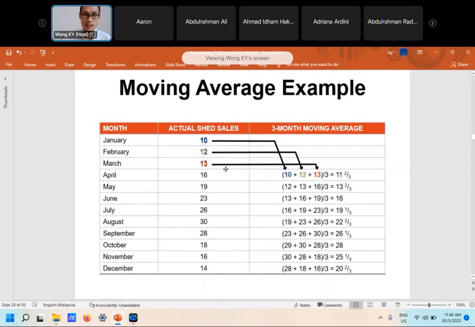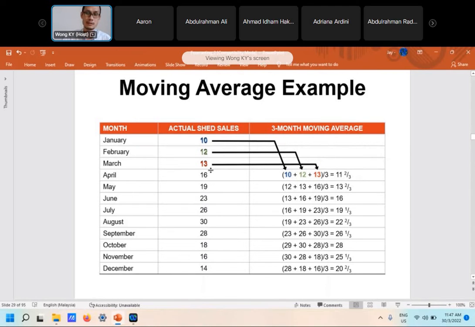So I take the latest 3 months and calculate the average. I take 13, which is the sales in March, plus 12, which is the sales in February, plus 10, which is the sales in January. I total up and divide by 3. The average value, and so the forecast value, is 11 point something, 11 and 2 over 3. So this is the forecast value for April.